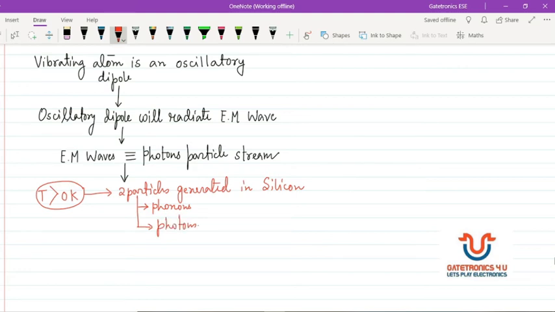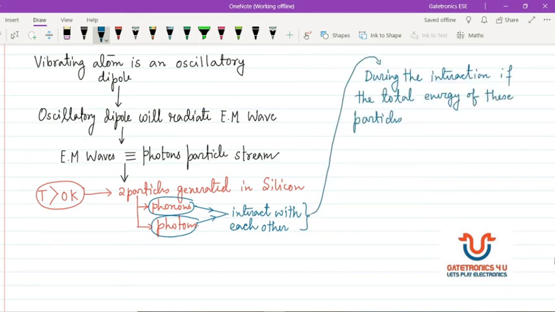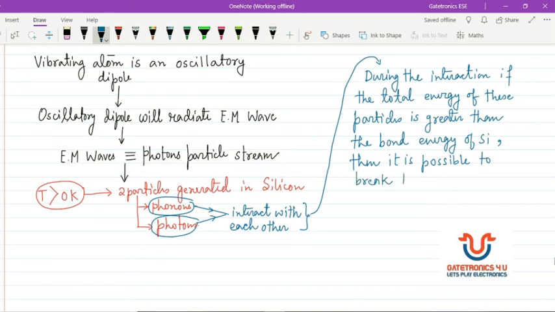And these phonons and photons will now interact with each other, and if after interaction the total energy is greater than the bond energy of the silicon, then it is possible that the bond of the silicon will be broken. So during the interaction, if the total energy of these particles is greater than the bond energy of silicon, then it is possible to break the silicon bond.